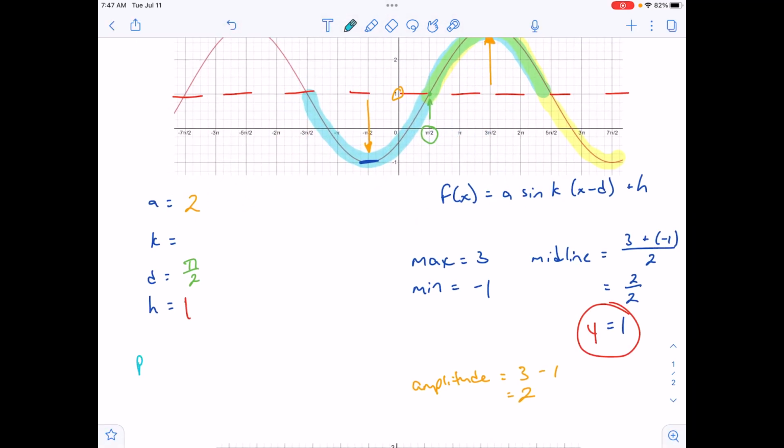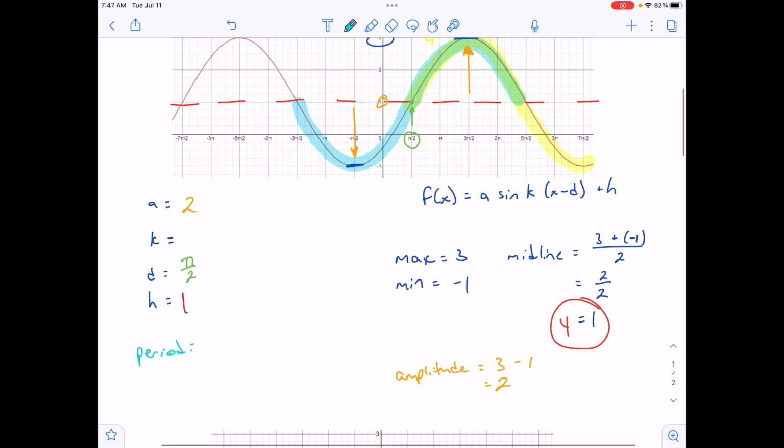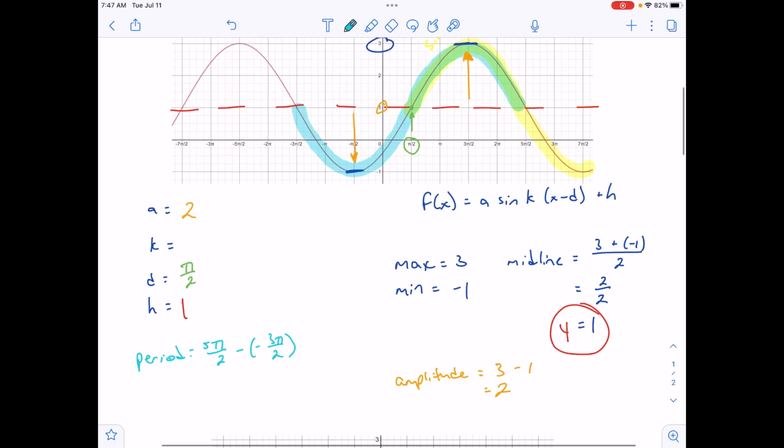So my period is how much is between 5 pi over 2 and negative 3 pi over 2. What is that distance? This again might be something that you can come up with in your head, but showing the math is always a good idea. 5 pi over 2 take away negative 3 pi over 2 is 8 pi over 2, or 4 pi.